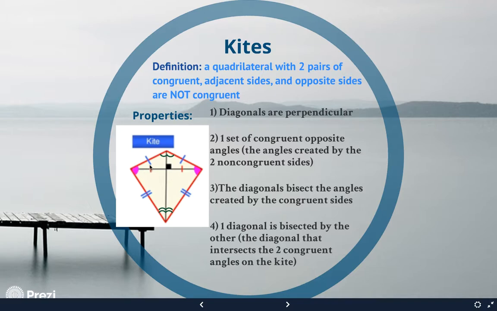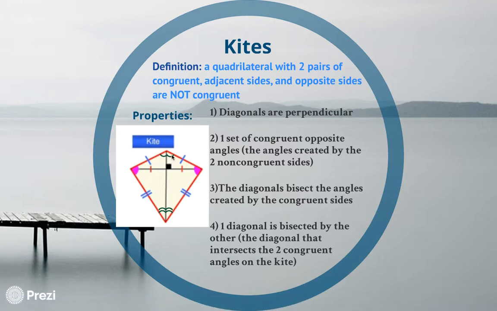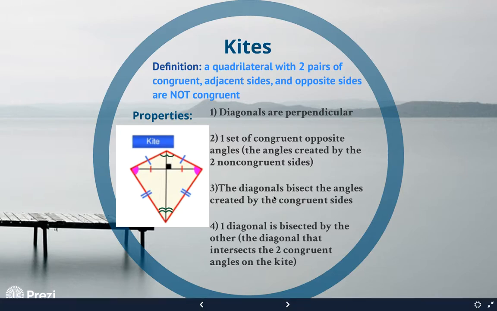So these two congruent angles, you cannot assume that this angle and this angle are congruent. So this diagonal is not necessarily bisecting the congruent angle. But the two angles that are not congruent are bisected. So the diagonal bisects and cuts that angle into two congruent angles. So I know it's kind of confusing, but you simply kind of have to memorize these.